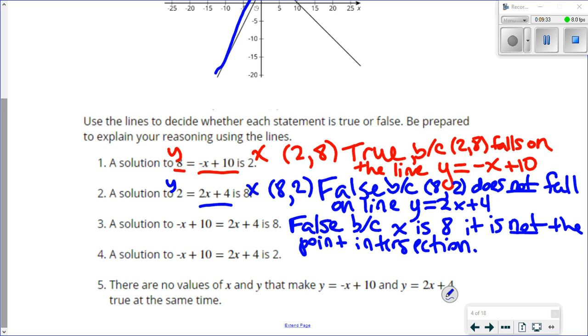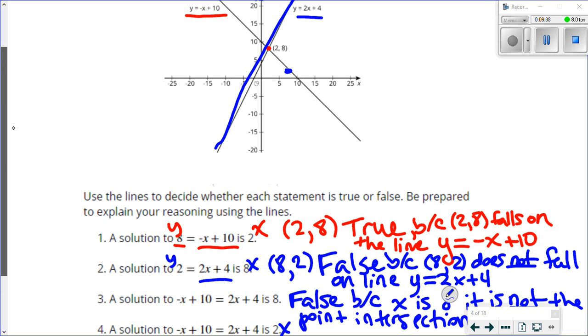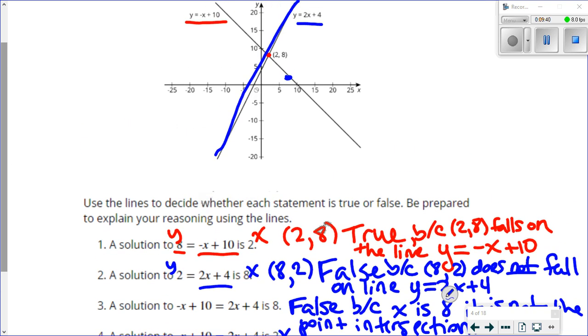This is representing x. So is that true if I look back up at the graph? When I go over 2, I do hit the point of intersection for both. It falls on both lines.